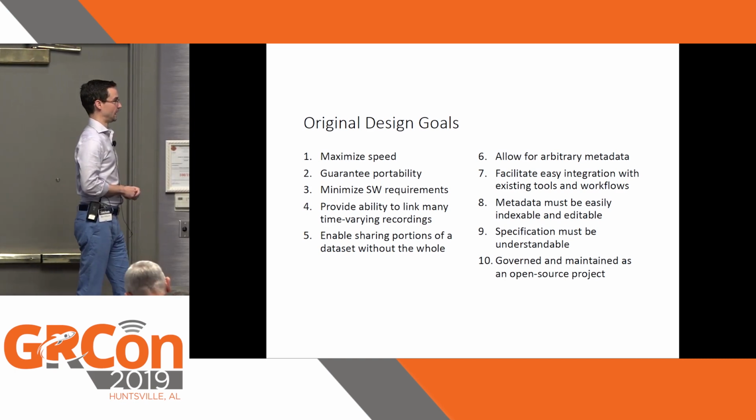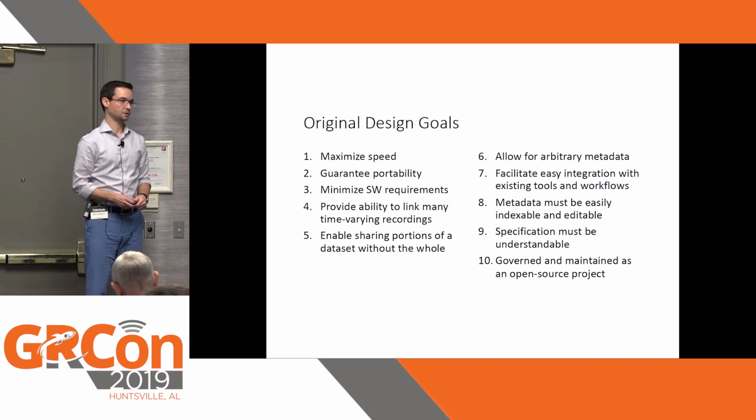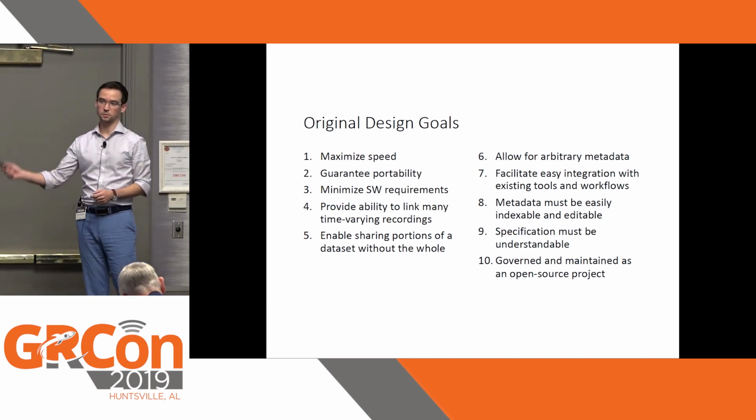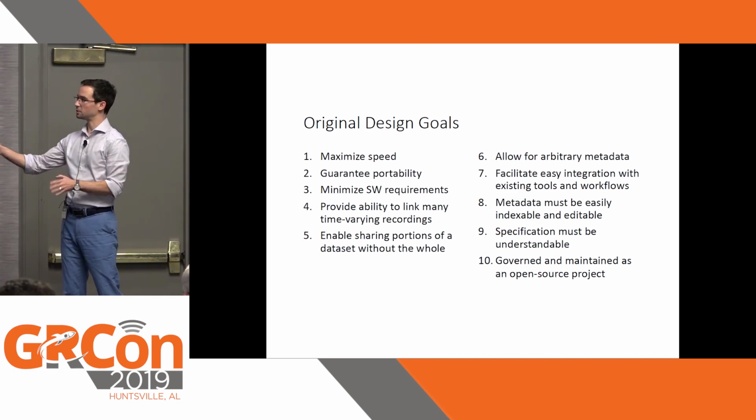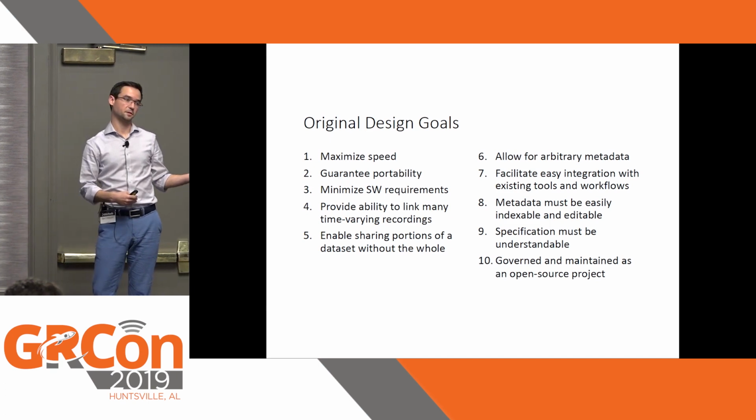And we did not want to be that. And we wanted this thing to be governed and maintained as an open source project, right? This is why all development happens on GitHub, all discussion happens on GitHub, decisions are made on GitHub, and the format of the specification is a lot like an IETF RFC.